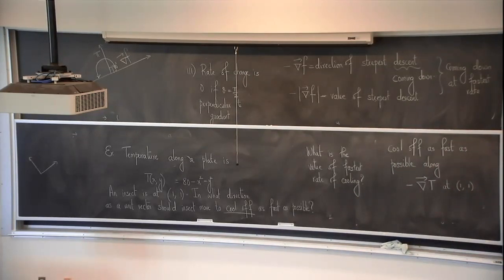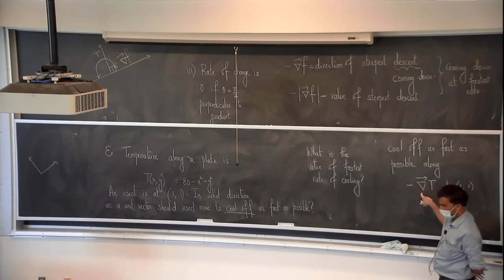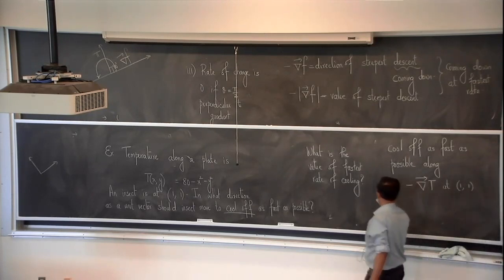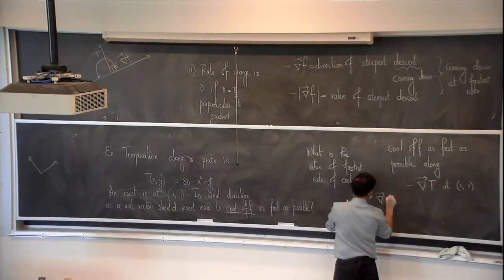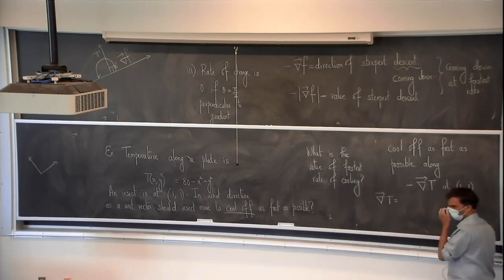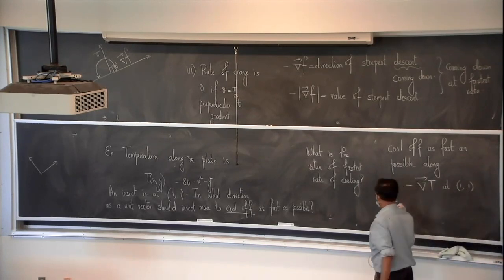That's because that is when the vector u and the gradient of T are in the same direction, right? What is the gradient of T? Can you tell me what the gradient vector is?